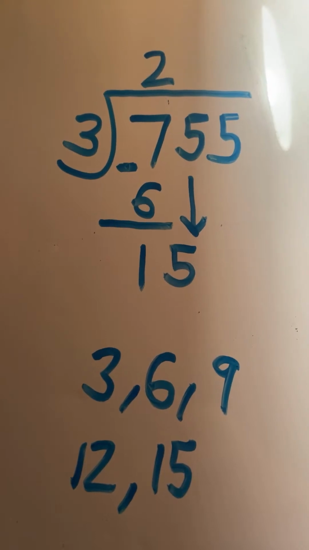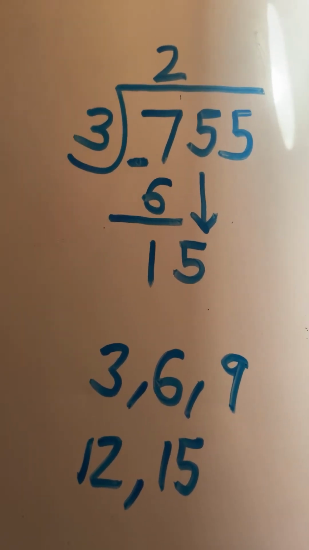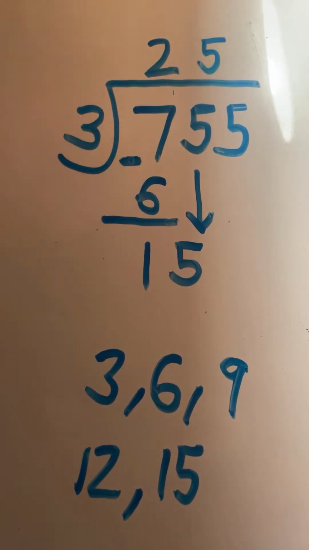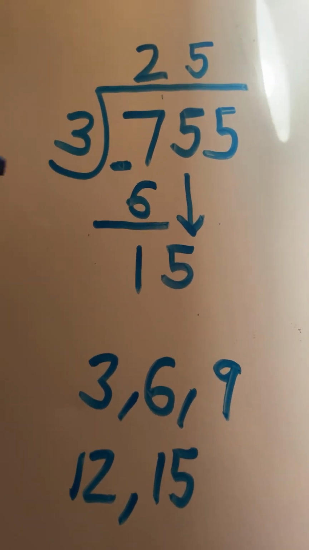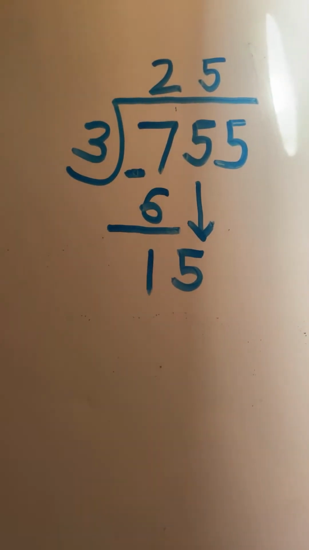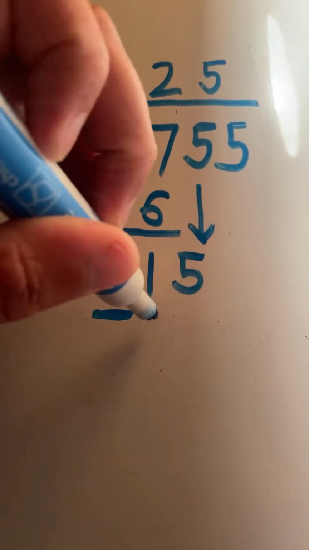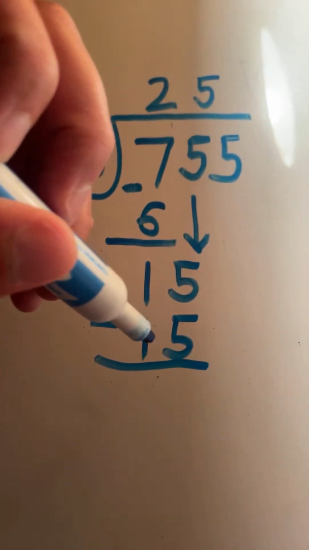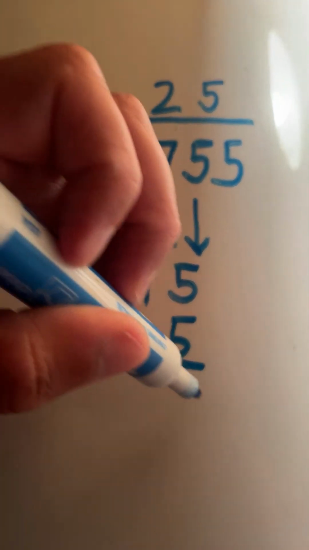We can get 5 full groups of 3 within 15. So 15 divided by 3 equals 5. Next we subtract. Counting by 3s, I landed right on the number 15, so that's what we subtract. 15 minus 15 equals 0. There is no remainder there.